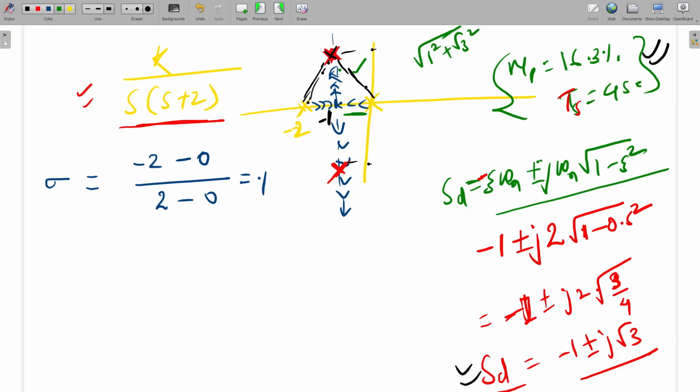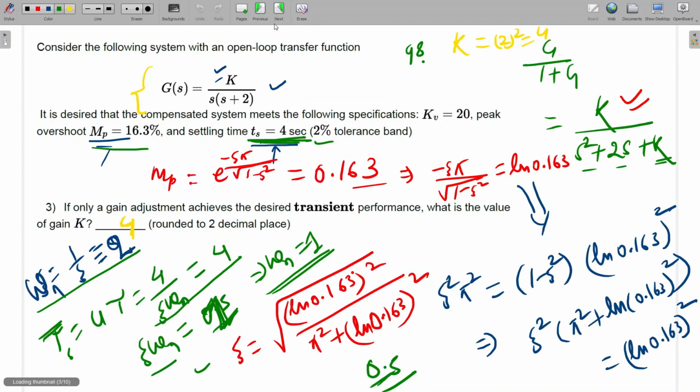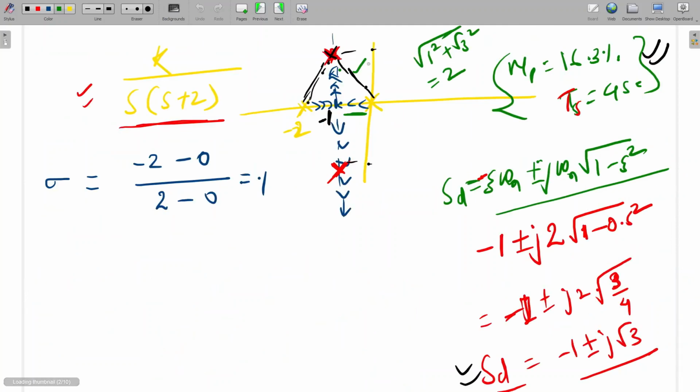Yes, sir. 1 square plus root 3 square, so that will be 4, it will be 2. And the K value we have calculated previously, that is 4, already. K is omega n square, 2 square, which is equal to 4, correct? Now here this is 2, this will also be 2, since this is 1 and this is root 3.